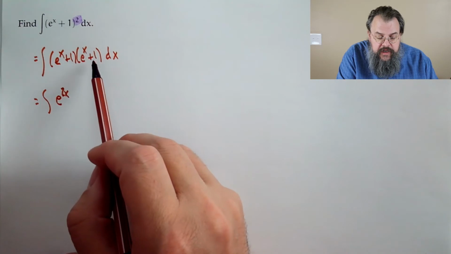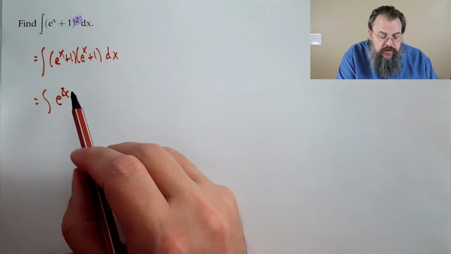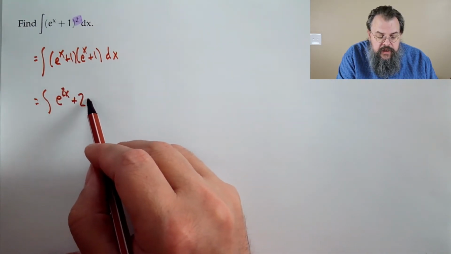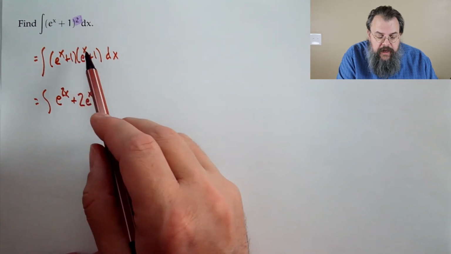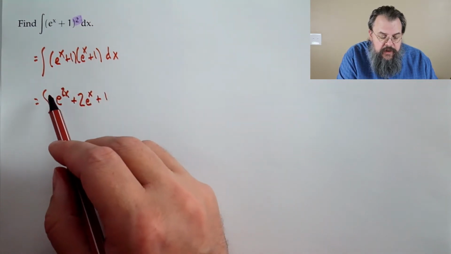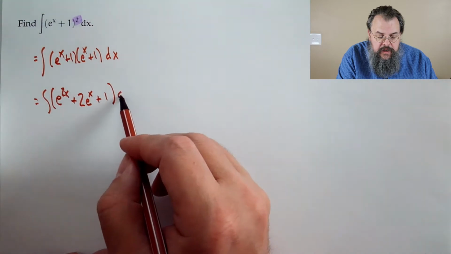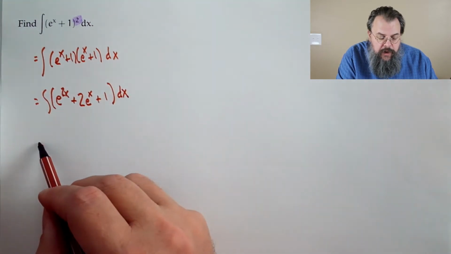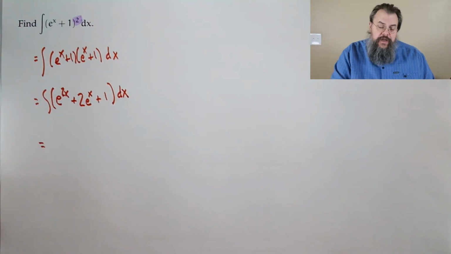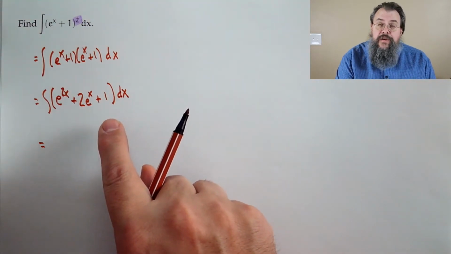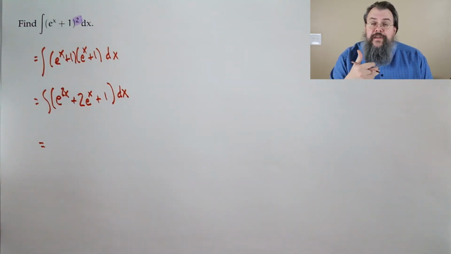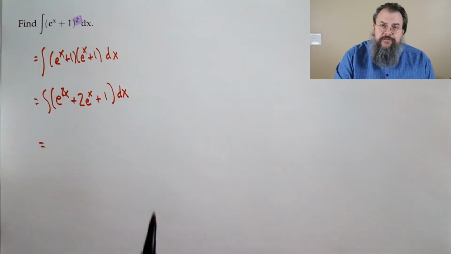Take the outer, you get e to the x, and the inner you get e to the x, so we really have 2 e to the x, and then the last plus 1. Okay, so that's what we get when we square, and then we say, wow, this is great. We can integrate 1. That's really easy. The integral of 1 is x.